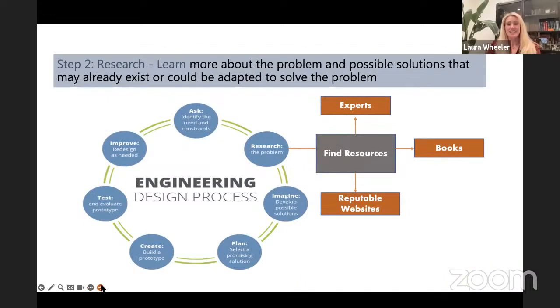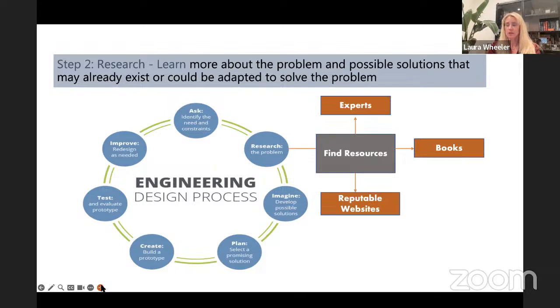So our second stage of engineering design is where we want to research. We want to learn about possible solutions that may already exist, or we could adapt to solve these different problems that we just talked about. And one way that we do that is we use resources such as experts, perhaps your professors.